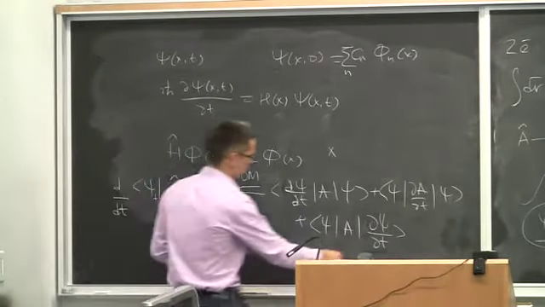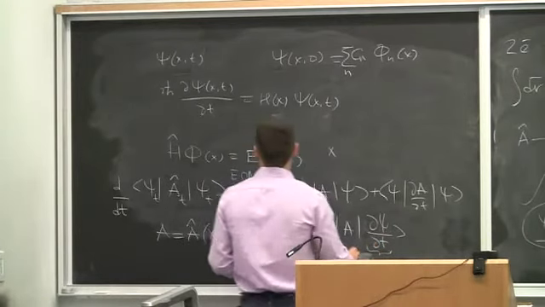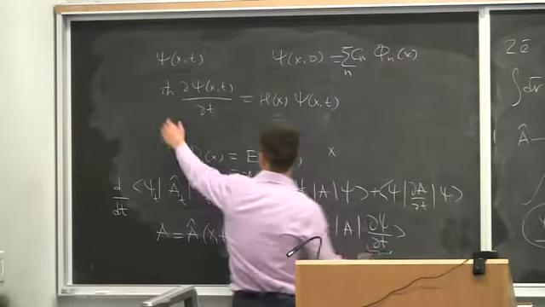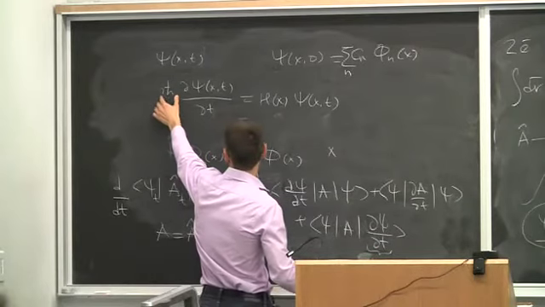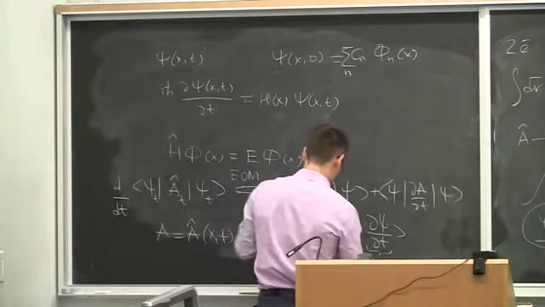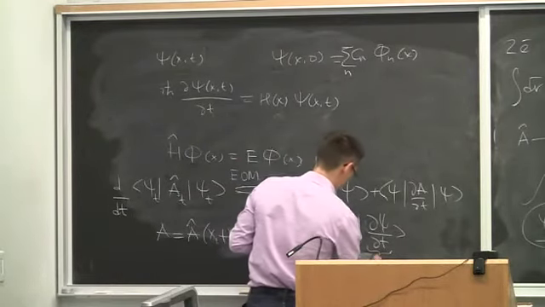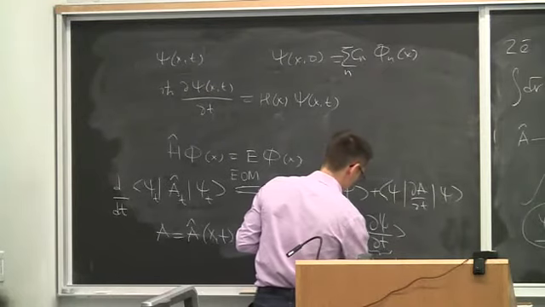For this quantity, the only thing we need to do is to divide by i h bar, and it's 1 over i h bar, H of x acting on psi.